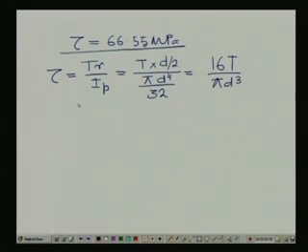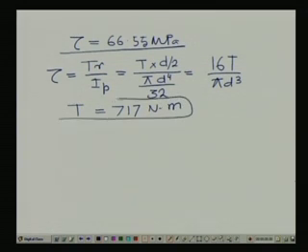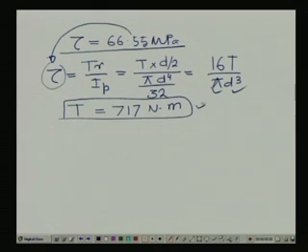If we use this result, then T comes out to be about 707 Newton meter. I am avoiding some calculations, you just substitute the known values, and from here you get T.